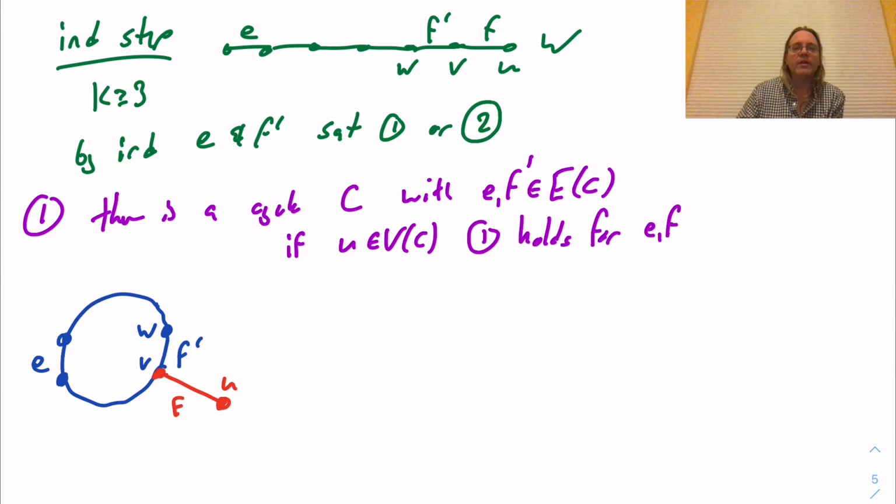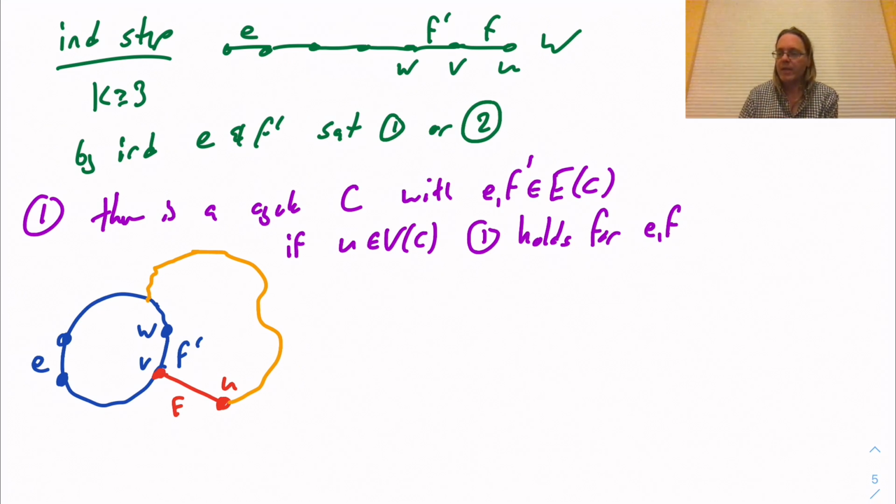We were just considering the possibility that U lies on the cycle. But in fact, we can get a similar case. Suppose I could find a path that starts at U and comes around to the cycle not landing on the vertex V. Right, so I don't want this path to ever use the vertex V.